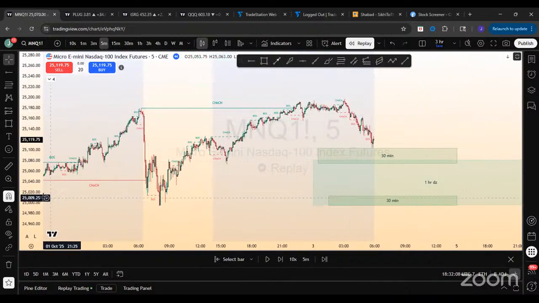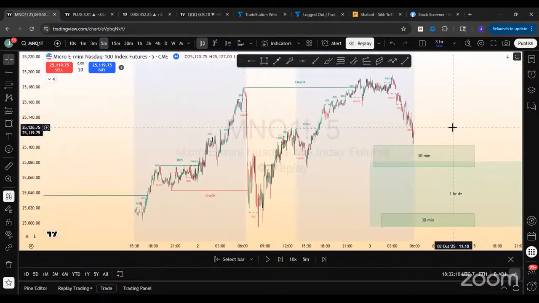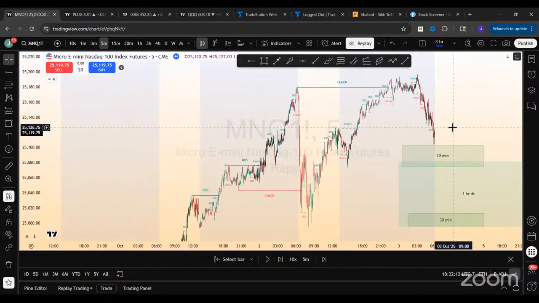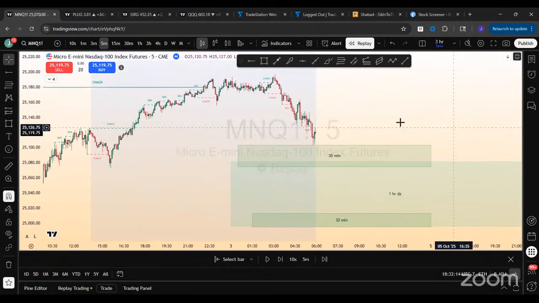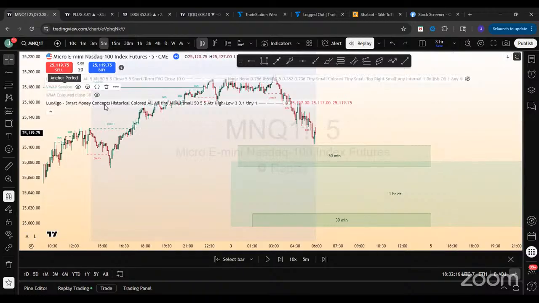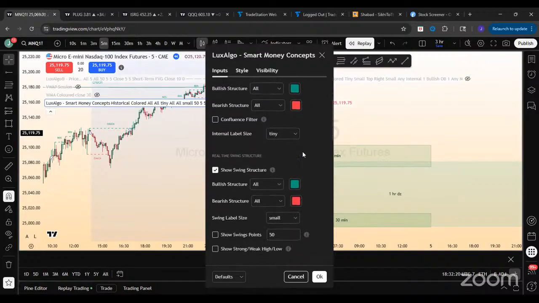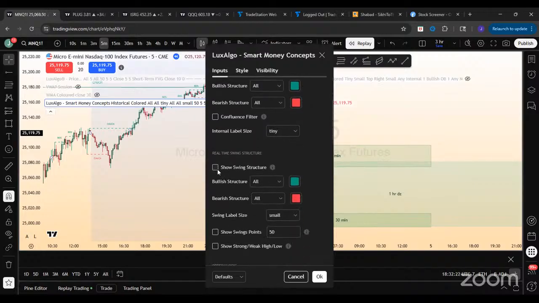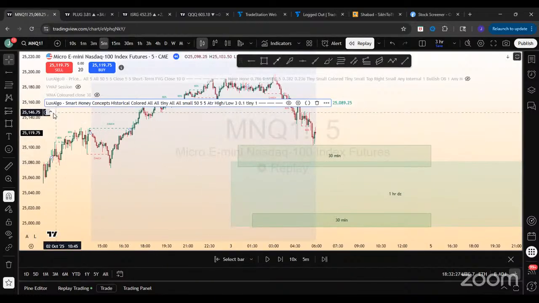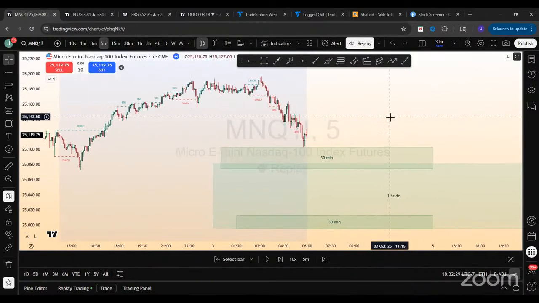There we go. All right. So this time I really don't care about the swing structure. I don't really care because I'm doing intraday trading.